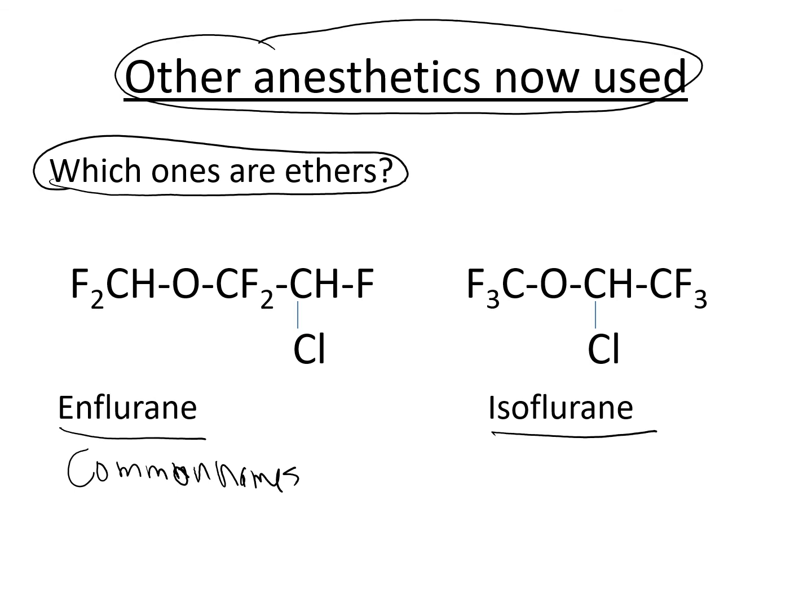In the first one, we need to imagine this hydrogen can be pointed up or downwards. This oxygen is directly bonded to that carbon and then to another carbon, so this one is an ether on the left. On the right, we can clearly see we have a carbon bonded to an oxygen bonded to another carbon. That one is also an ether.